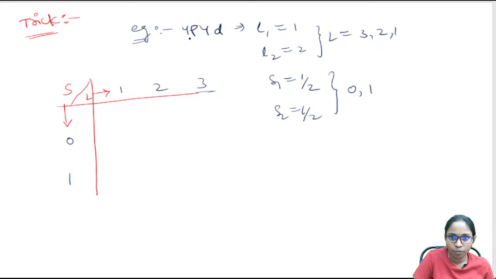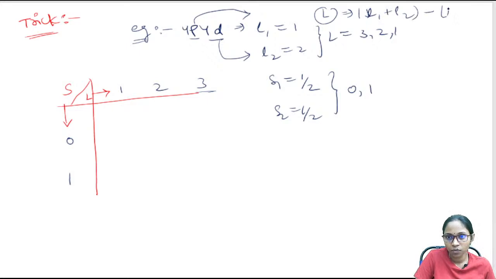For 4P 4D configuration, L1 is 1 and L2 is 2. For P, L is equal to 1. For D, L is equal to 2. So if you combine and solve for L, L can take values from modulus of L1 plus L2 to modulus of L1 minus L2, right?